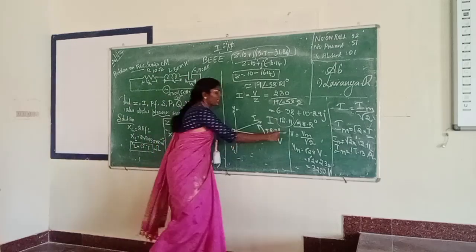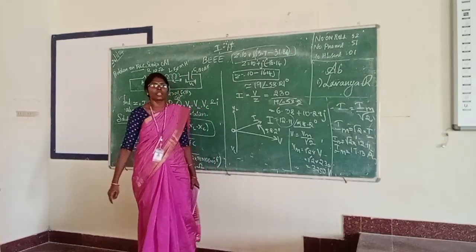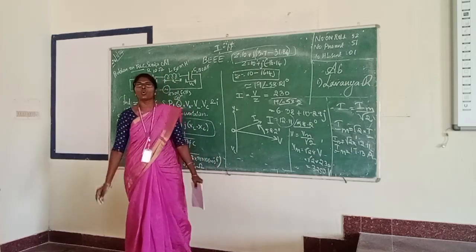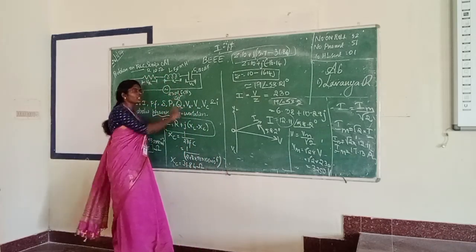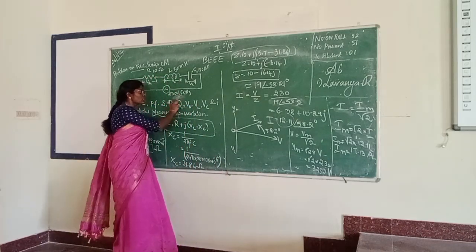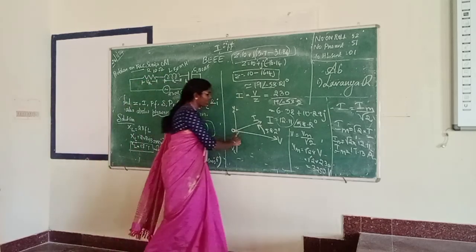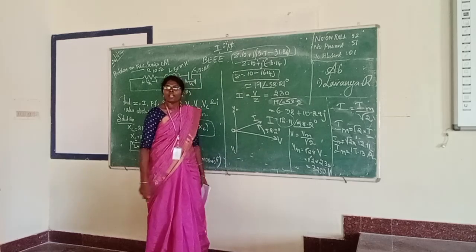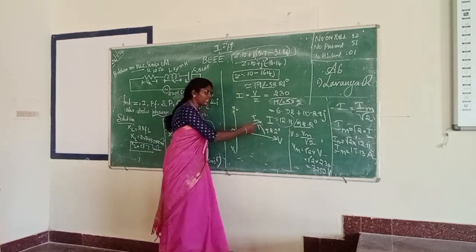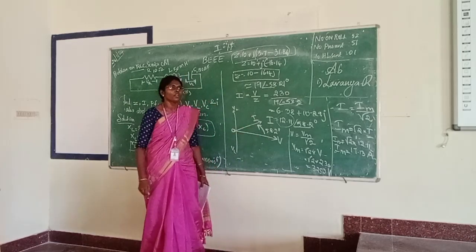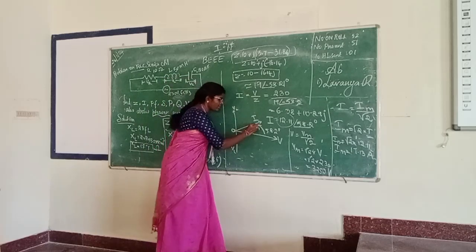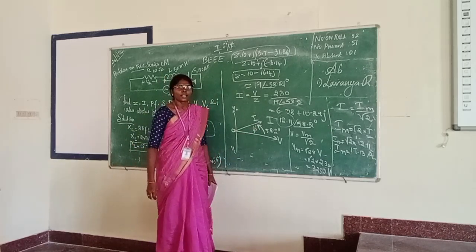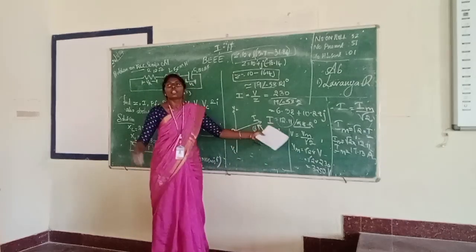The current is at plus 58.2 degree, so we can say that the current leads the voltage. Here the angle is not given, so it is assumed to be 0. We have taken voltage as the reference, and the current leads the voltage by an angle of 58.2 degree. This is your phi, this is your phasor representation. Clear up to this?